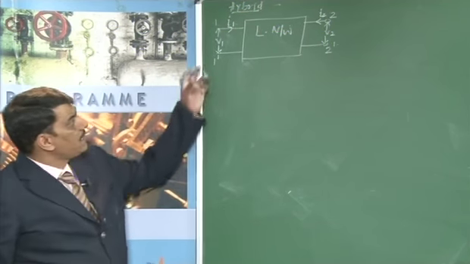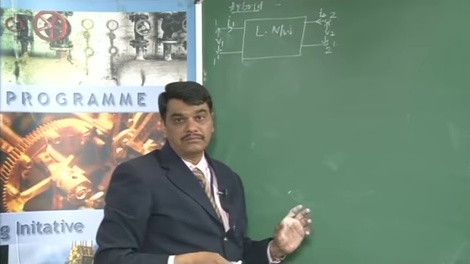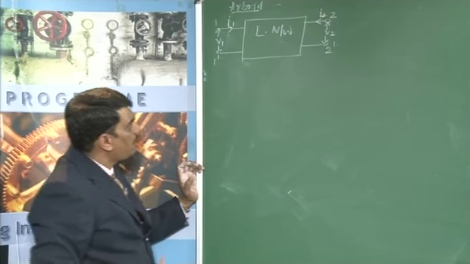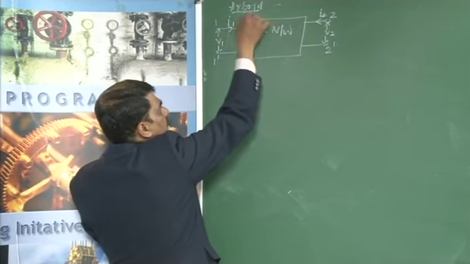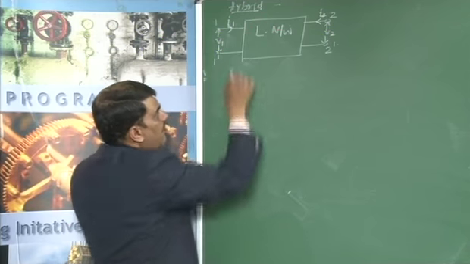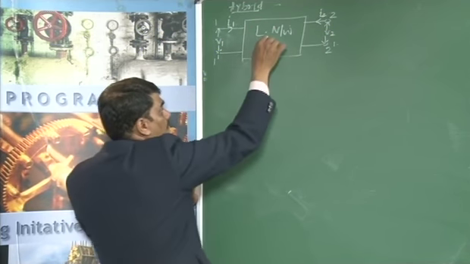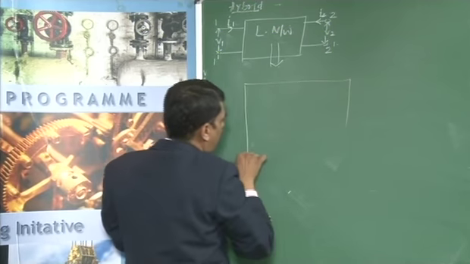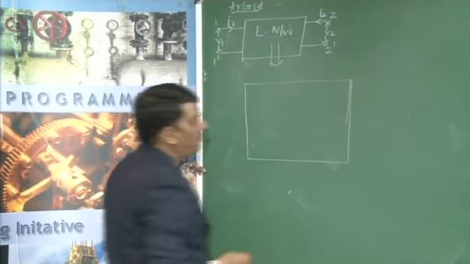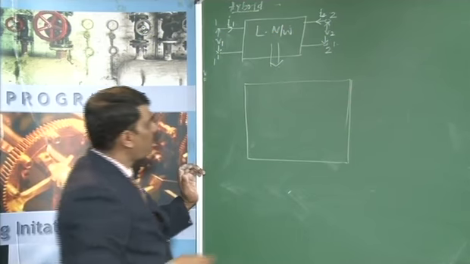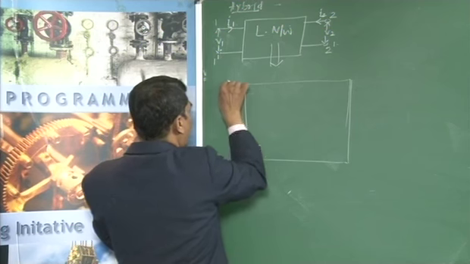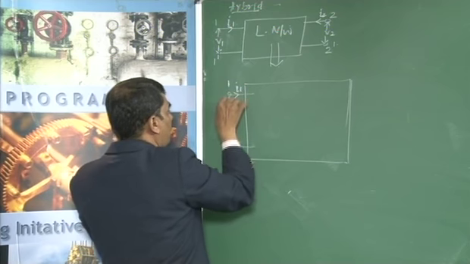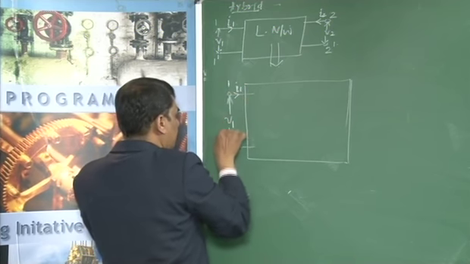Then how do you link these I1, V1 and I2, V2? In circuit analysis we already know there are 4 kinds of parameters, and out of these we are going to use the hybrid parameters. This empty box is replaced with its equivalent model. Inside this box there is terminal 1 and 1 dash, the current flowing through this is I1, and the voltage across this is V1.